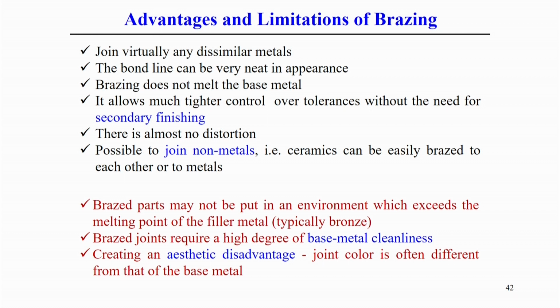Ceramics, for example, can be easily joined to each other by the brazing process, or ceramics can be joined with other metals by brazing. So, these are the typical advantages of the brazing process.